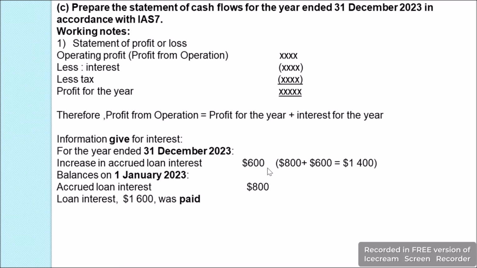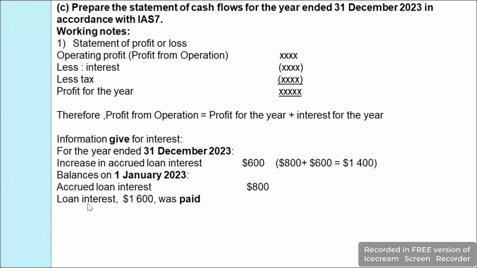That means when compared to the opening accrued loan interest, the closing accrued loan interest was more by $600. The balance on 1st January 2023, the accrued loan interest was given as $800. So our closing accrued loan interest will be 600 plus 800, which will be $1,400.